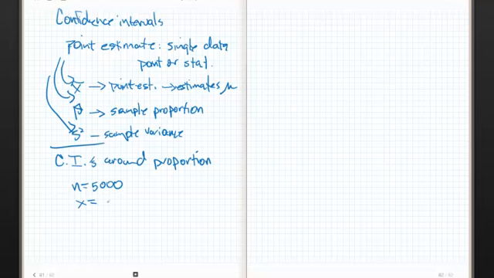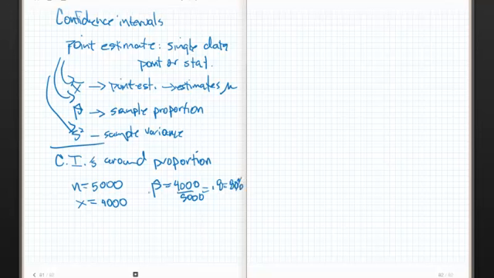Let X equal the number of people that own dogs. It's a binary, or binomial, setting: you either own a dog or you don't. Let's say that 4,000 people own dogs. That implies that my sample proportion is 4,000 divided by 5,000, which is 0.8, or 80%.